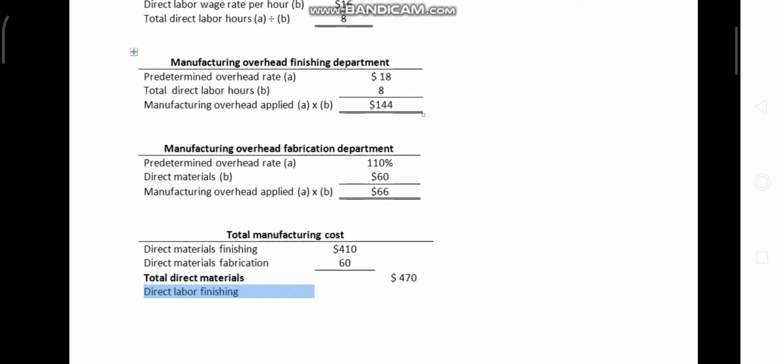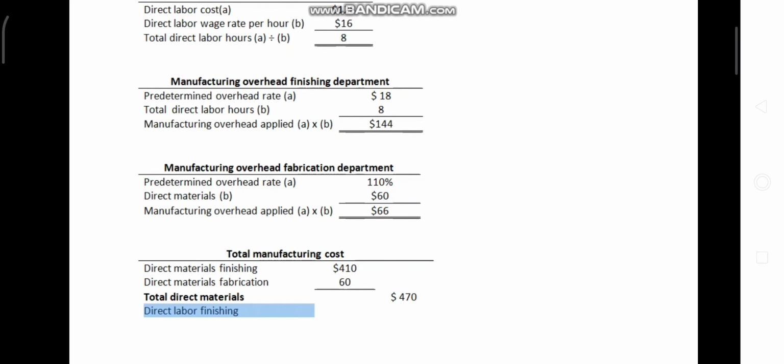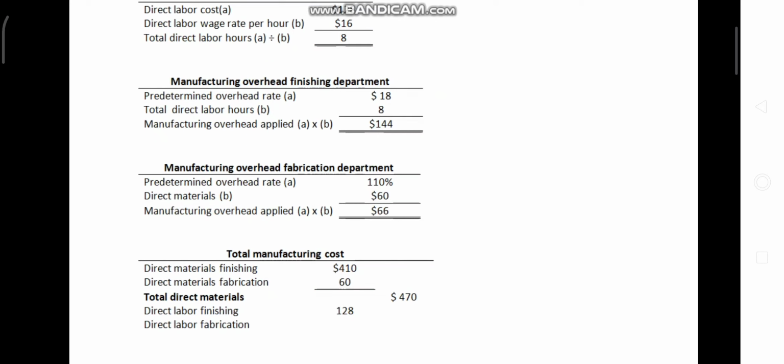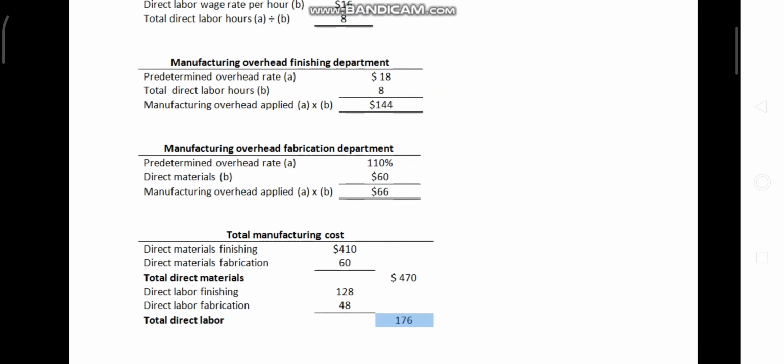Direct labor for finishing department is, again I'm going to pick this value from here only, that is $128. Direct labor for fabrication department is $48. We add these two, we get a total direct labor that is $176.